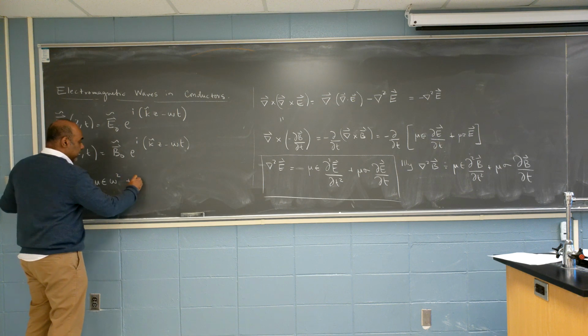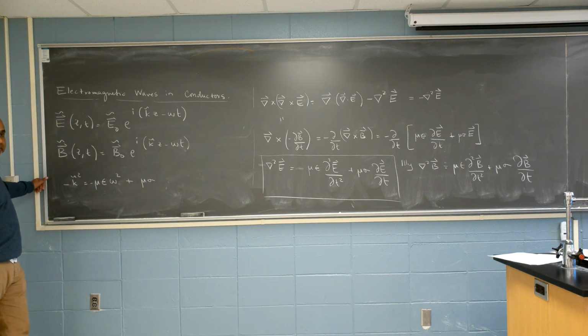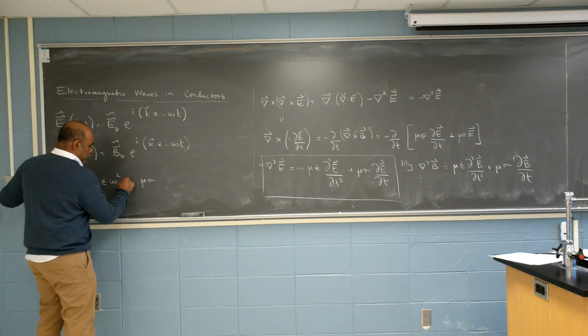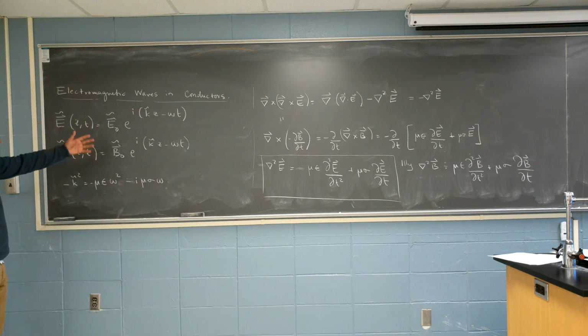Then I have a mu sigma. I have only one time derivative. I'm going to get a minus i omega. You might say, well, what has this got to do with that?